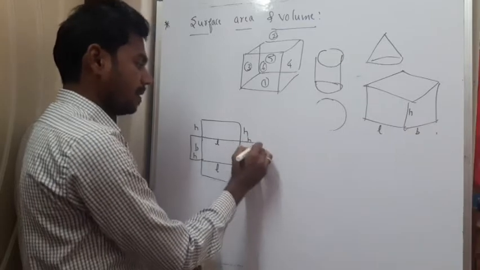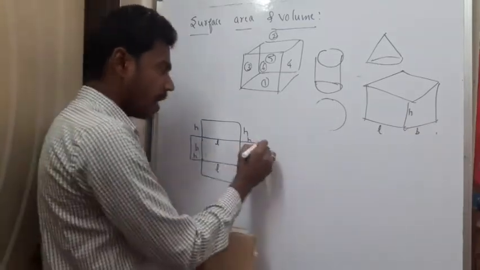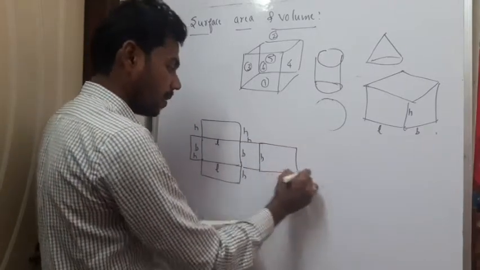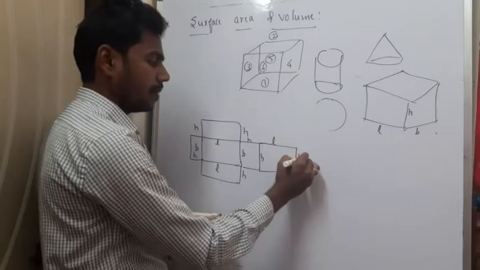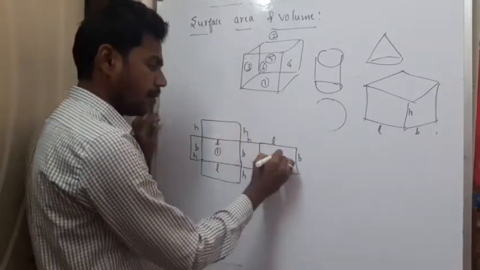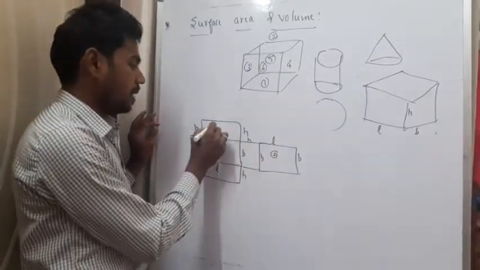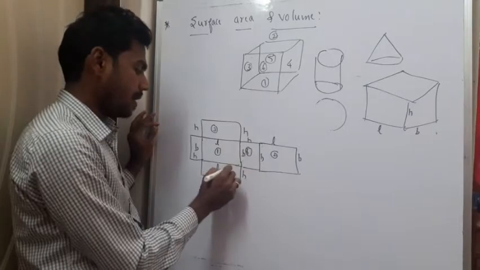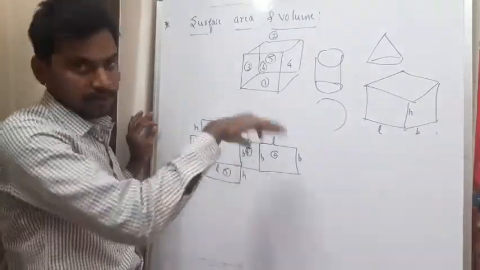And this top surface, this bottom surface, will have this length and this breadth. So this is 1 and 2, bottom surface and top surface, and 3, 4, 5, 6 are all called lateral faces.